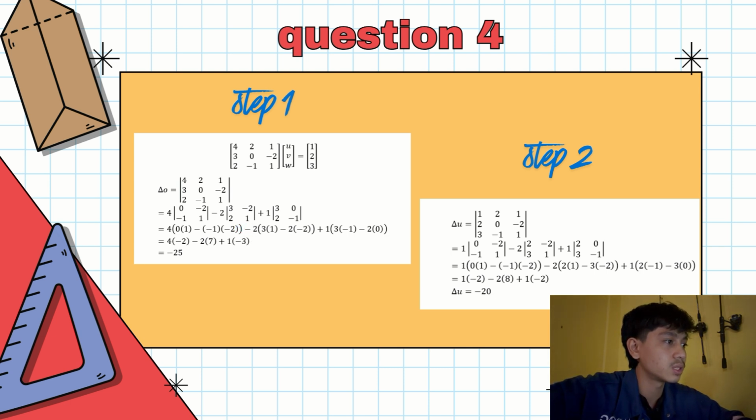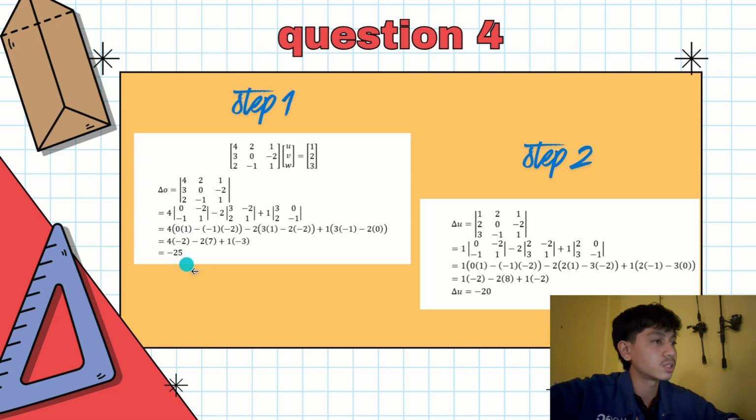Then minus 2 is multiplied by 3 times 1 minus negative 2 times 2. Finally, 1 is multiplied by 3 times negative 1 minus 0 times 2. After simplifying all the terms and adding them together, the value of delta 0 is negative 25.